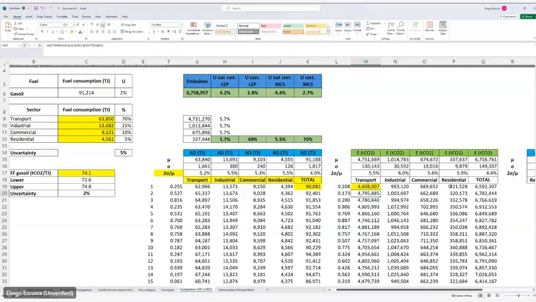This cell changes every time I press enter. I did the same with industrial, commercial, and residential, so I did the same for every one of the sectors consuming electricity.